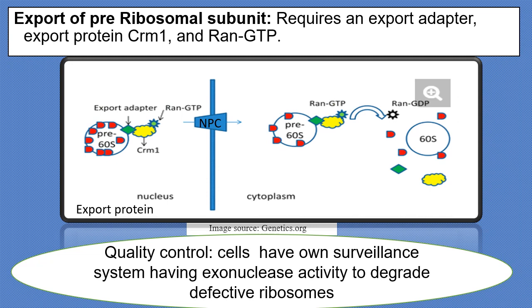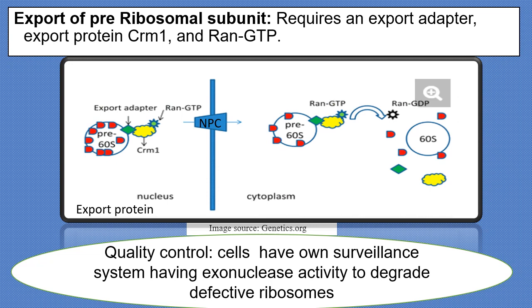To prevent this, cells have an active surveillance system to recognize damaged or defective ribosomes and target them for degradation. Cells perform this with the help of the exosome, which is a multi-subunit complex having exonuclease activity.